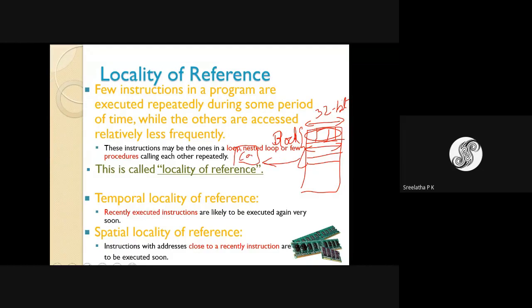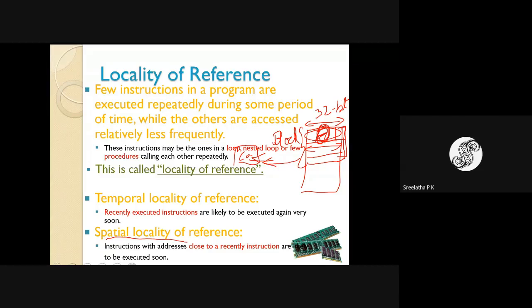Suppose I'm accessing this instruction which is there in this particular byte, the second byte here in the first word. So a block of memory, depending on the architecture of the memory, we will see how the mapping is done, is taken to the cache memory as per spatial locality of reference.